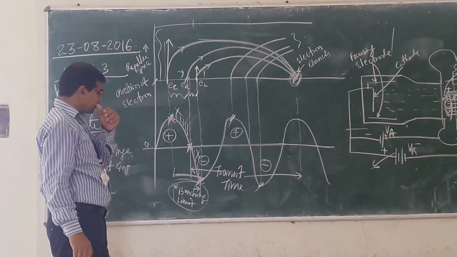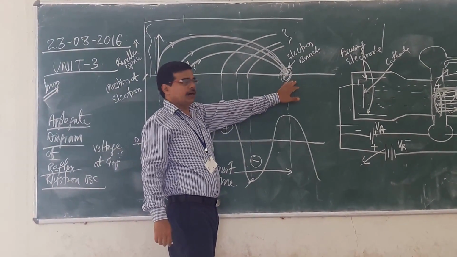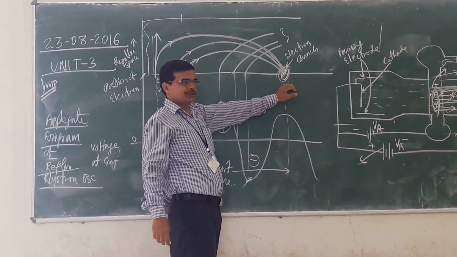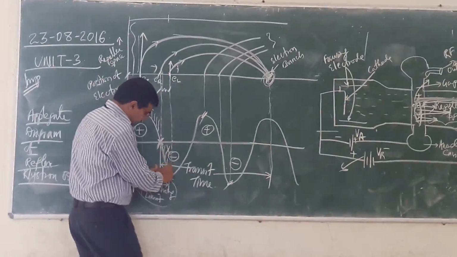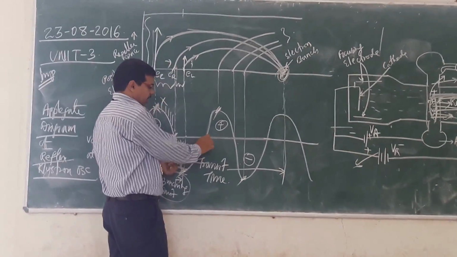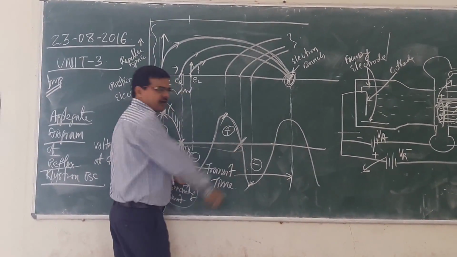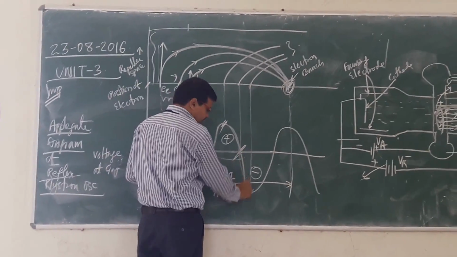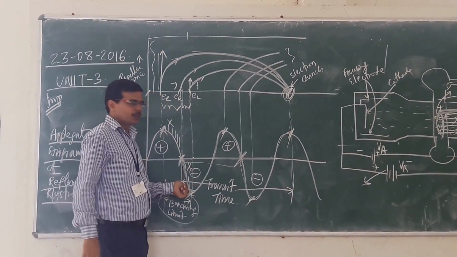Okay. Now if we are seeing where you are having this formation of bunch, from here we are considering one negative point, one positive point. In total it is making one cycle, and then you are having negative going and half of the positive going.